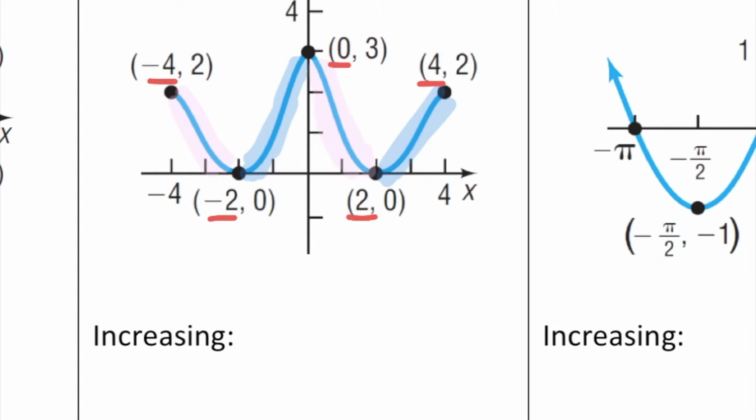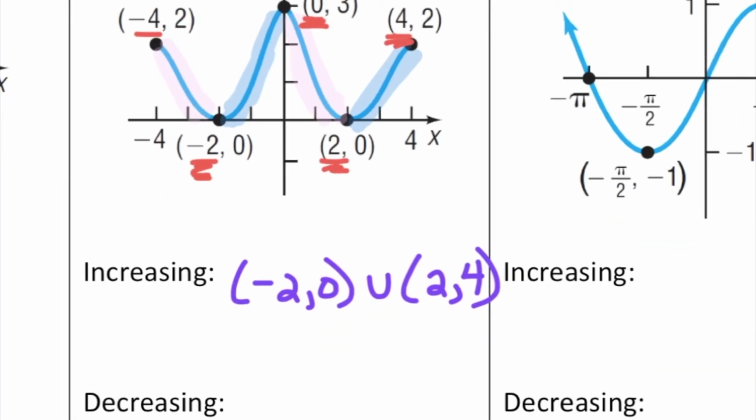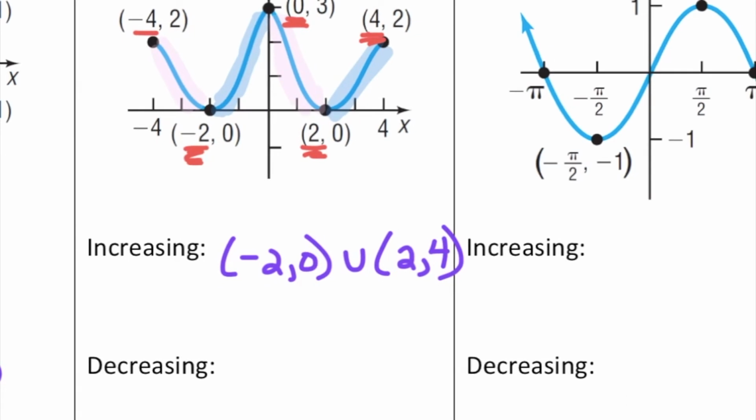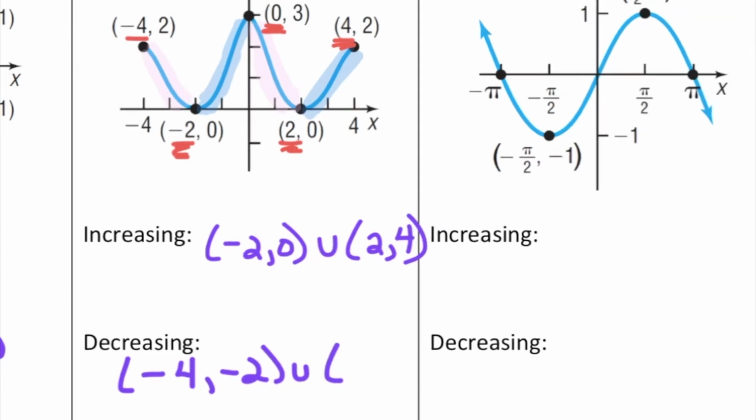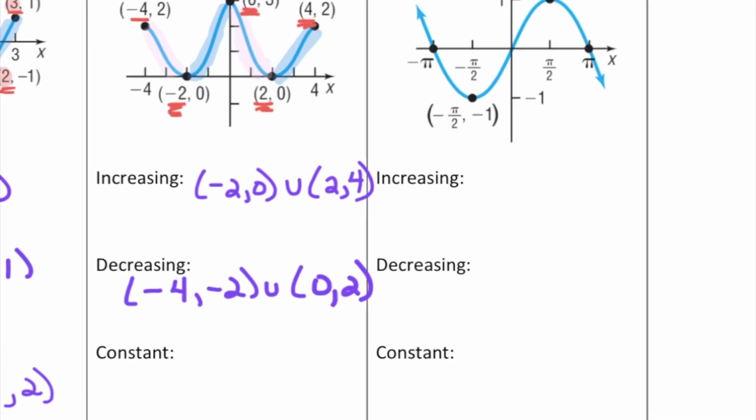So my increasing intervals are from -2 to 0, union 2 to 4. My decreasing intervals are from -4 to -2, union, and then from 0 to +2. And we said that there are no constant intervals: none, or NA, or null set. I know some of you really like making the null set.